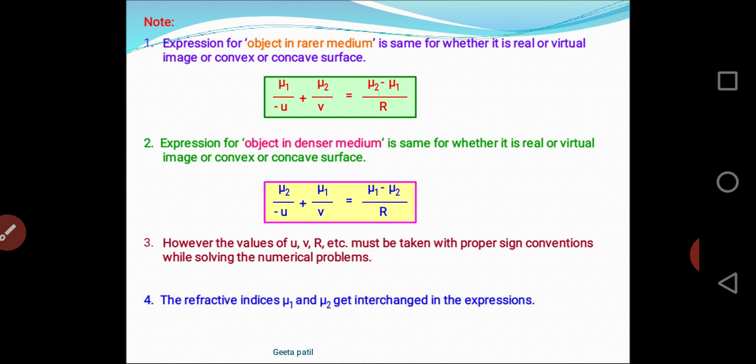The refractive indices mu1 and mu2 get interchanged in the expressions.